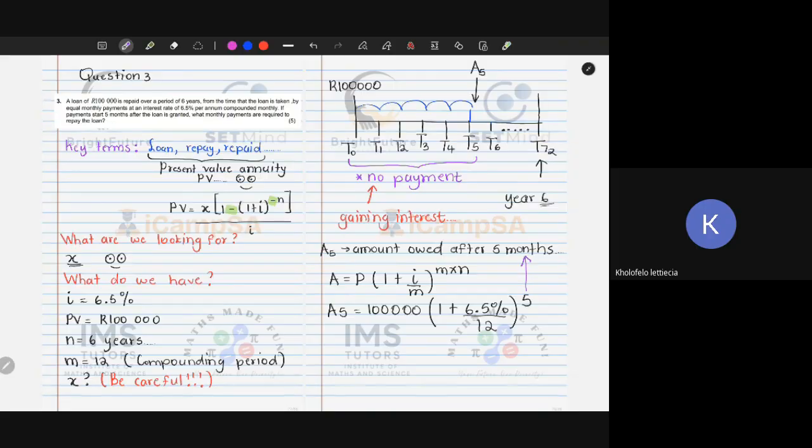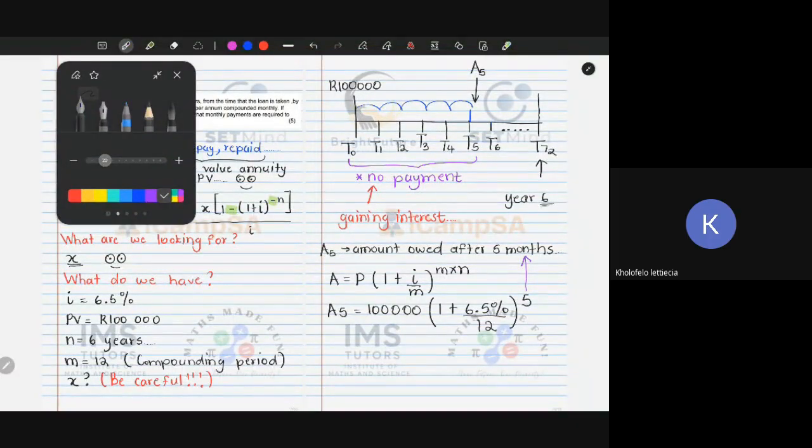The only time we don't worry about the amount gaining interest is when they say you start the payment in 1 month's time. Once it is more than that, there's problems. Do you guys understand? So 1 month's time is the best case. You don't do anything. You become happy. Once they start putting more months, that is where we worry.